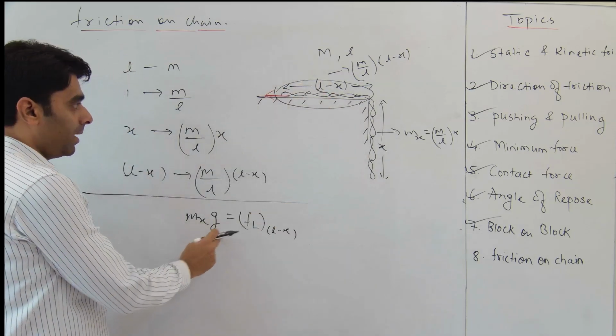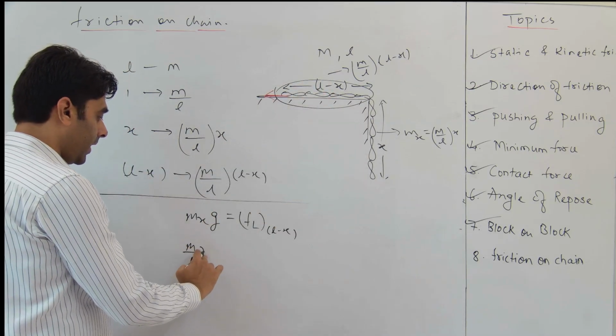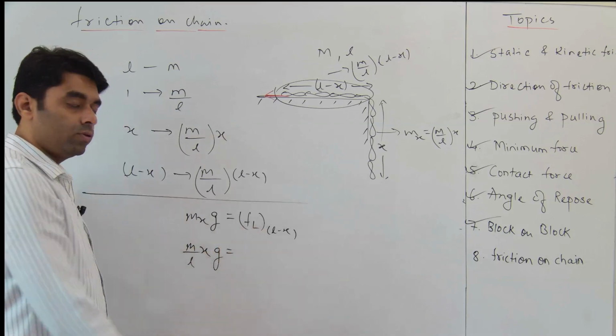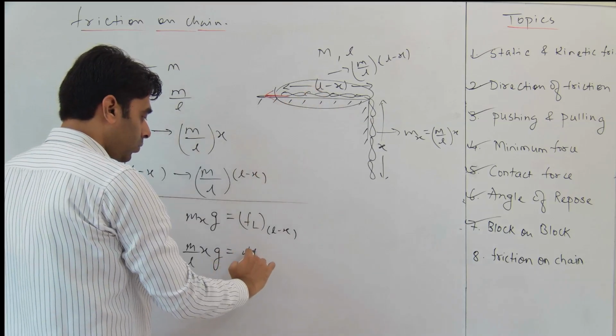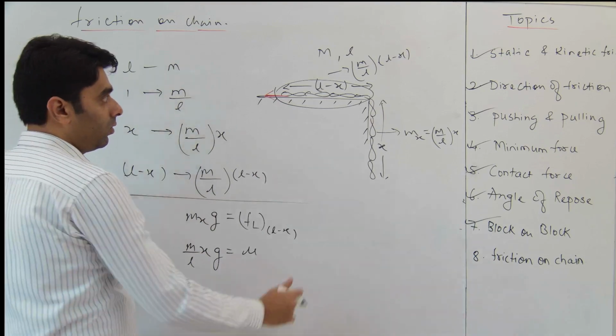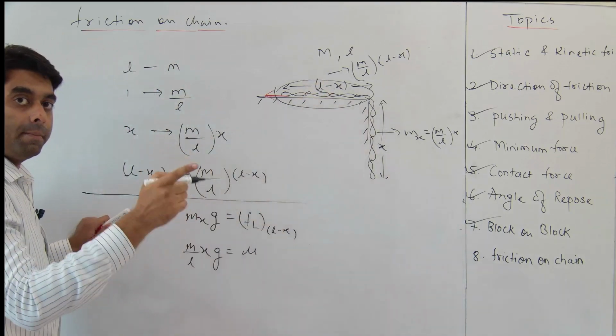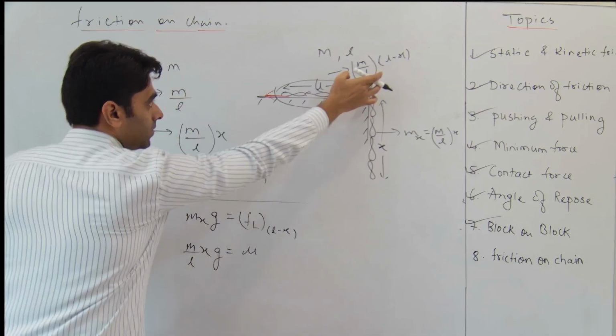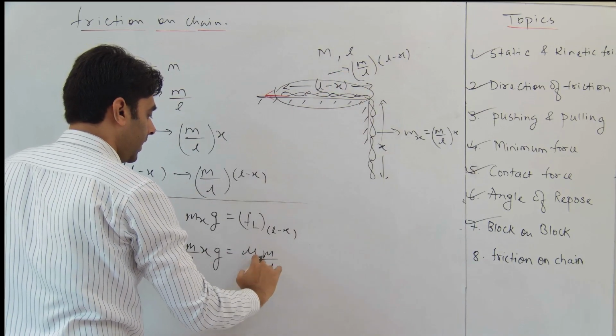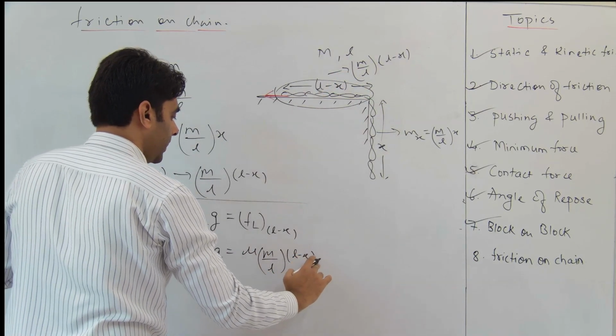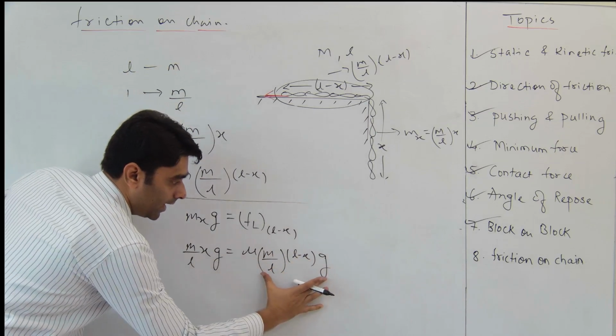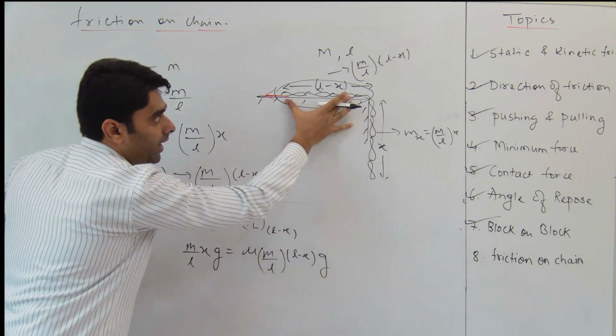So m by L x into g is equal to the limiting friction on this part, mu into N. How much is normal? Normal over here will be equal to the weight of this part, m by L into L minus x into g.